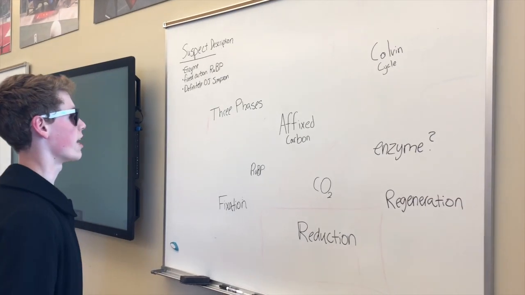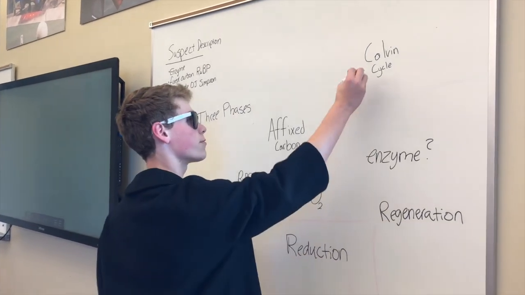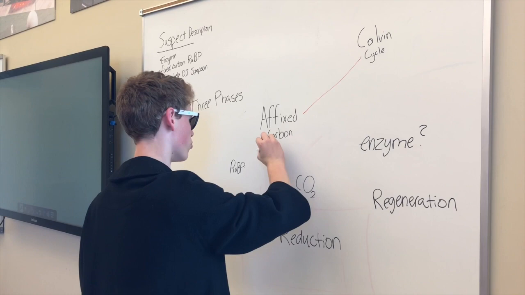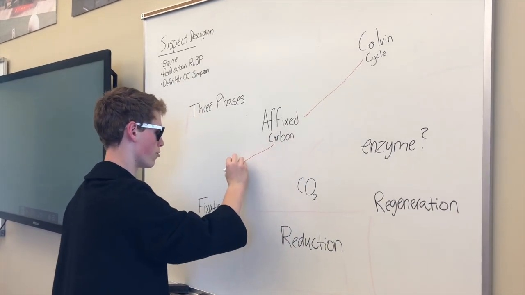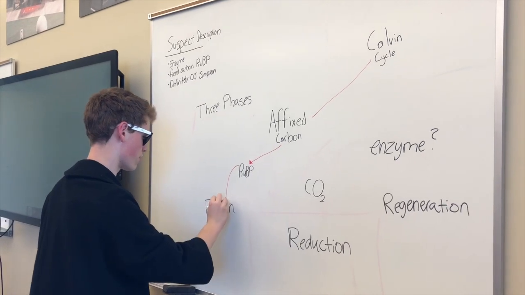Okay, what do we have here? Using my knowledge of the Calvin cycle, I know that a carbon is fixed to RuBP, the first phase of the Calvin cycle, fixation.